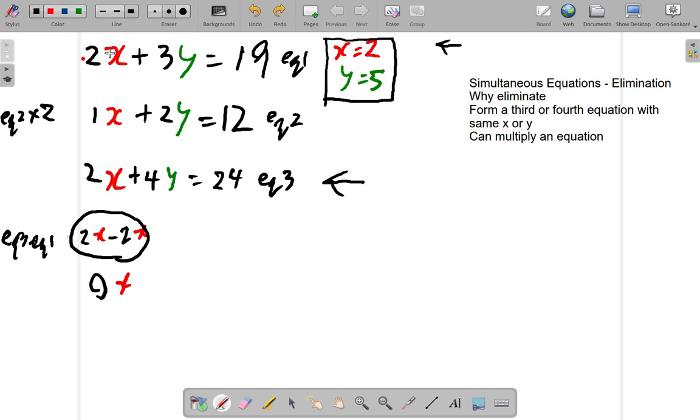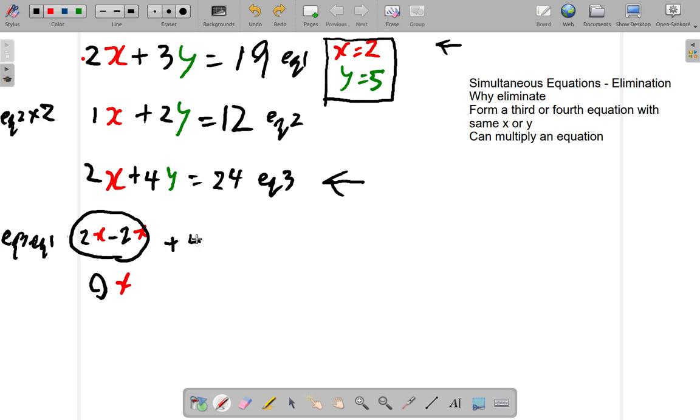So I have this minus that. 2x minus 2x. I did that already in putting up a strategy to get rid of x. Alright. Then plus the y's now. This y in equation 3 minus the y in equation 1.